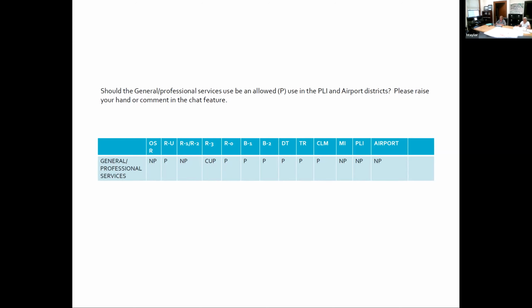Public lands and institutional, Lucy can read you that definition again. It applies only to public and quasi-public institutional uses and lands and recreational, educational, and public service activities for the general benefit of the citizens of the city.